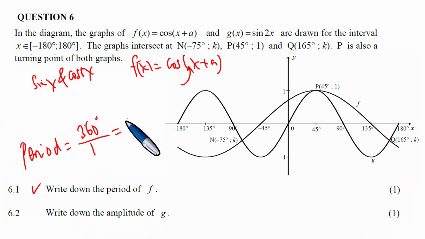And therefore, it becomes 360 degrees. So the period of f is exactly 360 degrees. Where's the question? If the period is 360 degrees, where's the question? Who does not understand what to do?